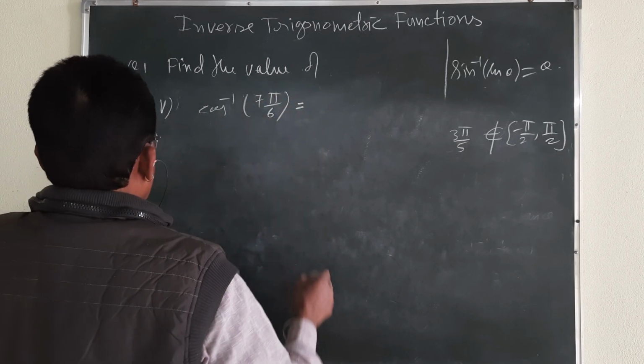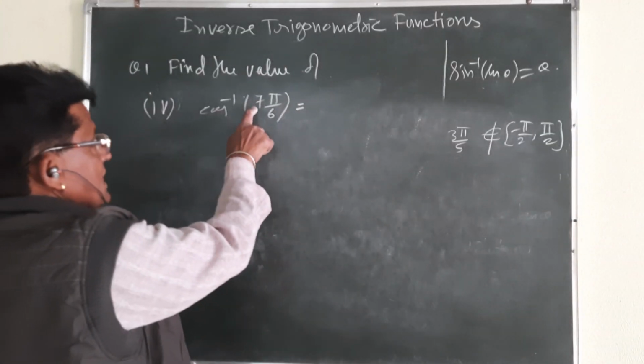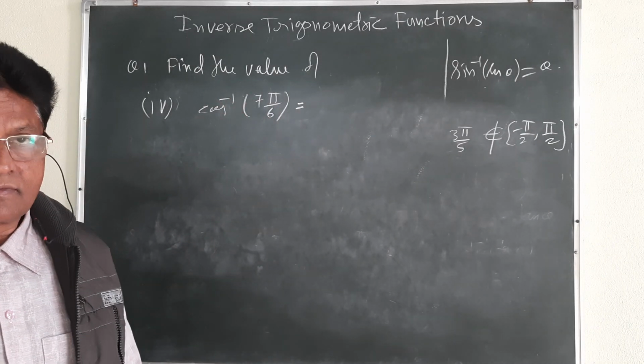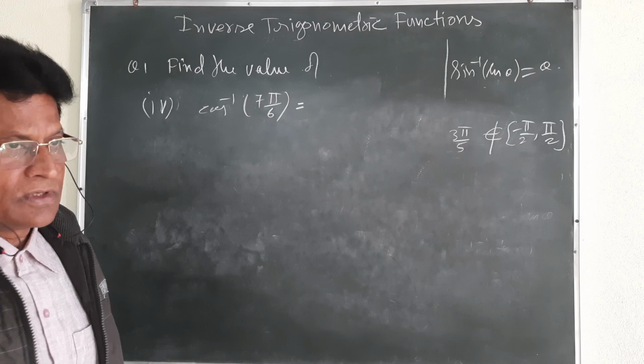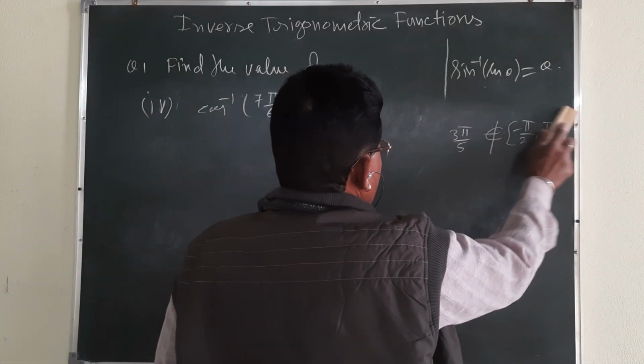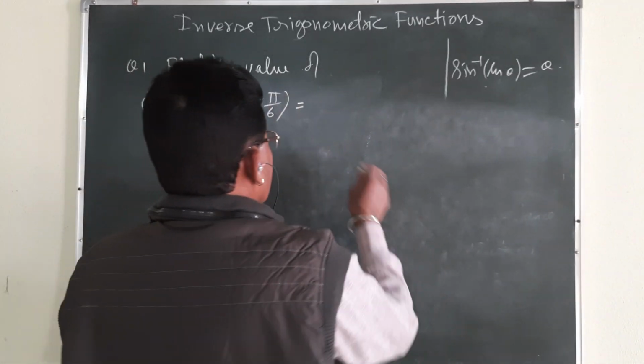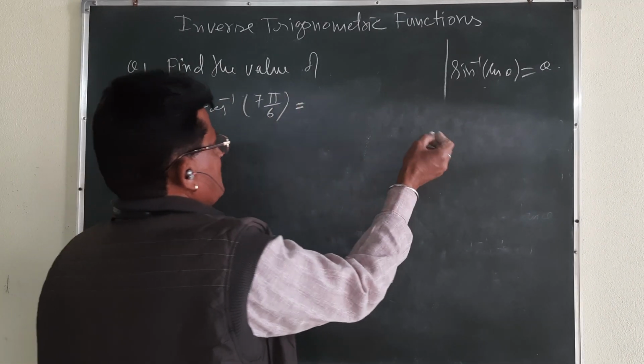It will be 7 pi upon 6. I am just going to remove this one from here. In the case of cos, what is its principal value branch?